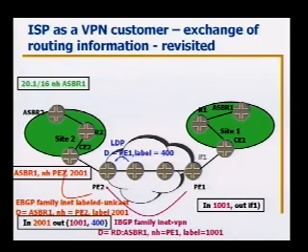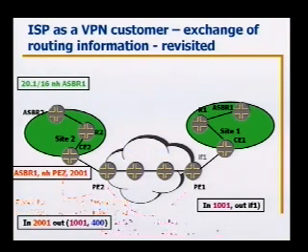And finally, CE2 is going to also install a route for ASBR1 with the next hop of PE2 and label 2001. Because CE2 is the guy who actually has to mark the traffic as it travels towards PE2. So these are the forwarding entries that get created.